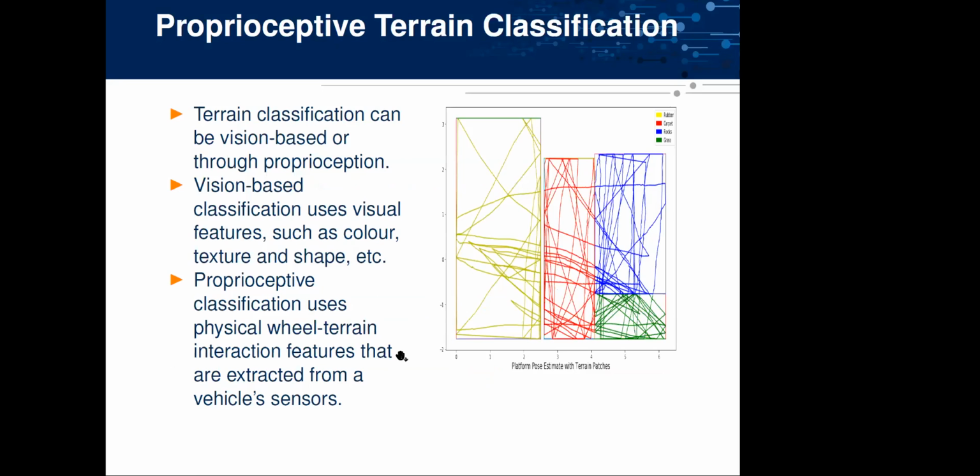So terrain classification basically can be vision-based or proprioceptive-based. But for my research work, I focused on proprioceptive terrain classification, and that was proprioceptive, meaning touch-based sensing.